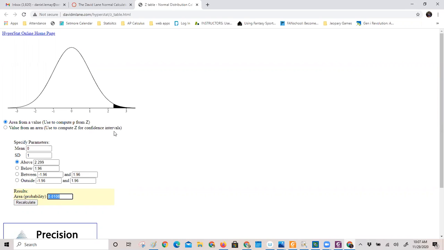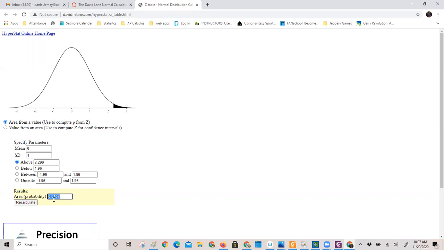So just over a 1% chance of getting a steer that weighs more than 1,300 pounds at the start, if the average is actually 1123. Okay. So that's that, and that's that easy.